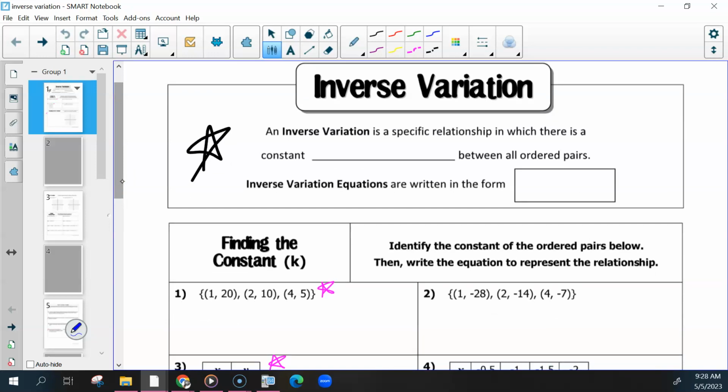So if direct was a ratio, inverse is a constant product. X times y, y times x, either or doesn't matter. The inverse variation equations are written in the form y equals k over x.